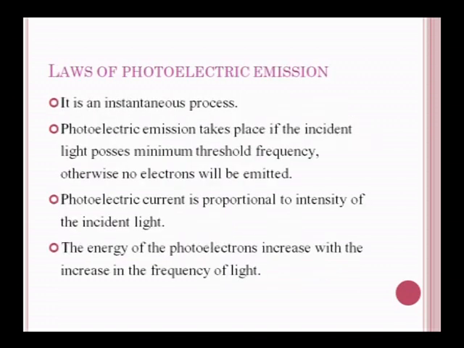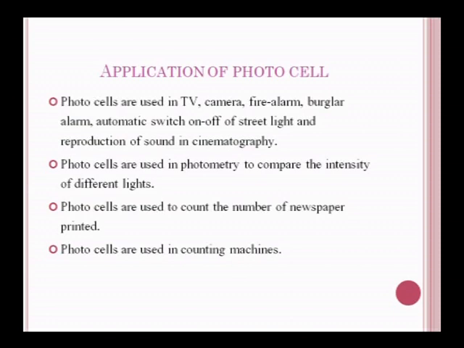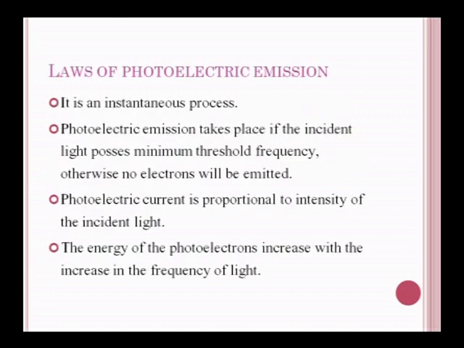Now, this photoelectric emission follows certain laws. This process is totally instantaneous. What do we mean by an instantaneous process? That means, as soon as the incident light falls on it, say within 1 nanosecond, that is of the order of 10 raised to minus 9 second, there is an emission of electrons.